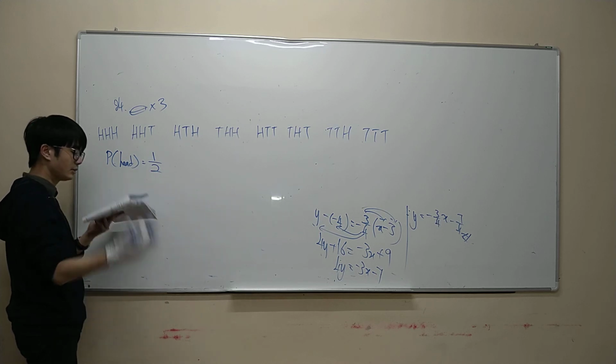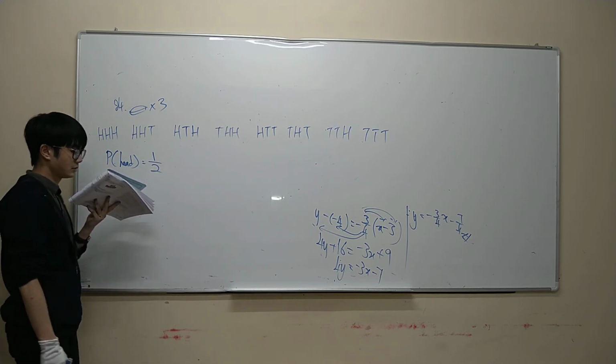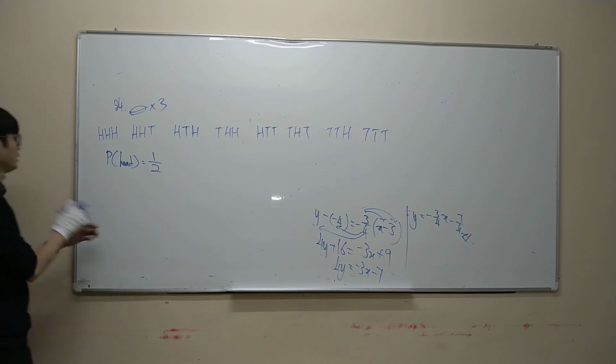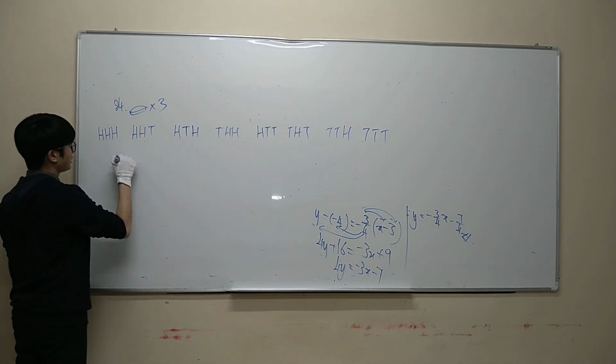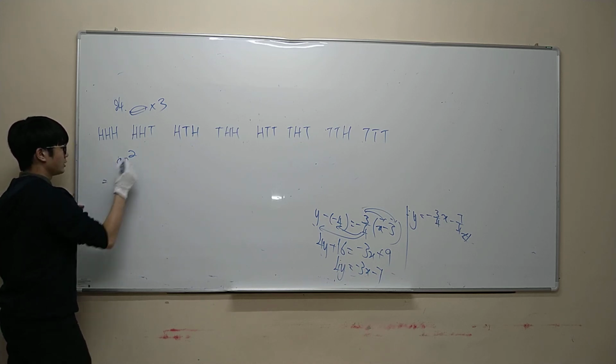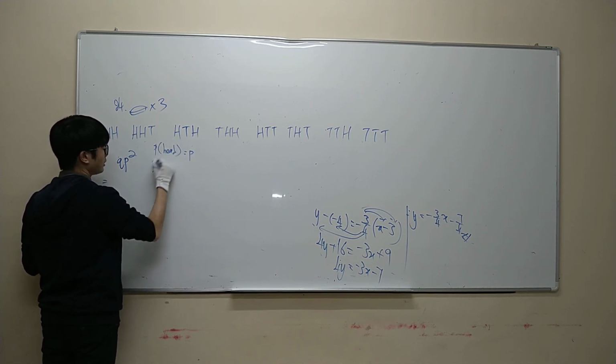Alright, let's keep reading. List all the possible outcomes. List all the possible sample space for 3qp squared. Okay, what does it mean by the qp squared here? The probability of head is the small p, and the probability of tail is the lowercase q, right?